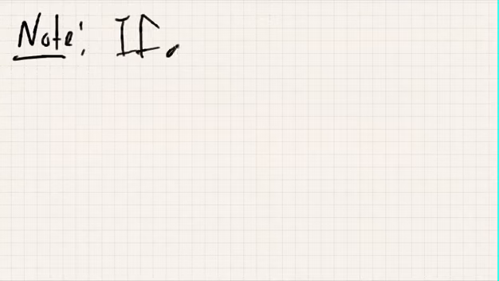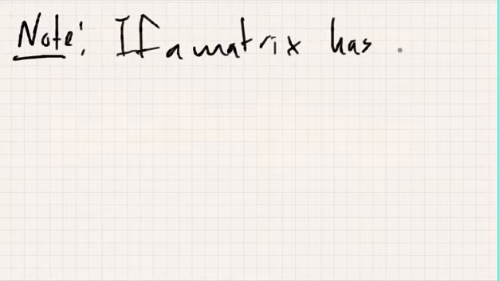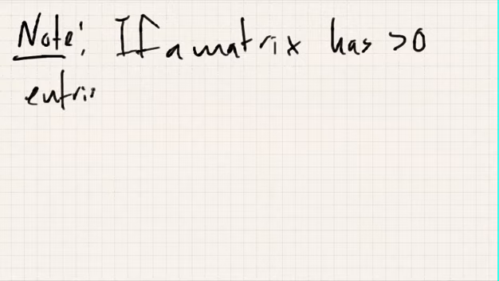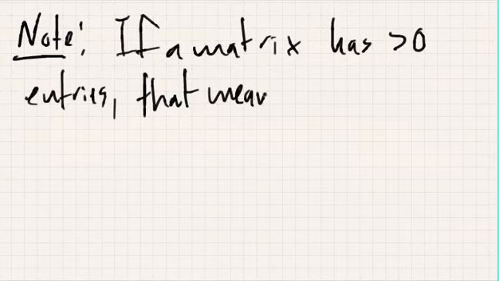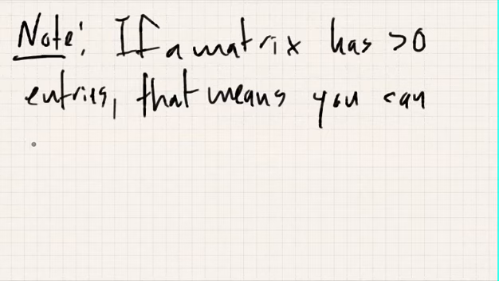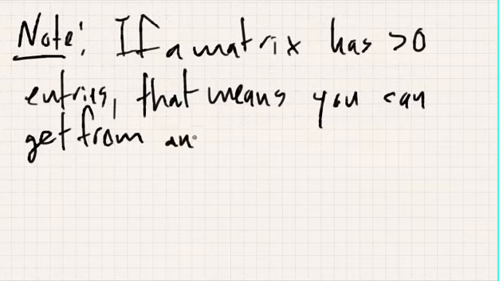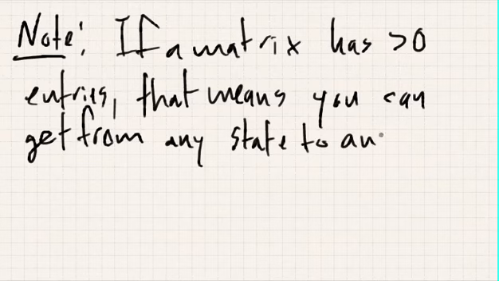If a transition matrix has positive entries, what that means is you can get from any state to any other. The probability of you going from one state to another is non-zero.